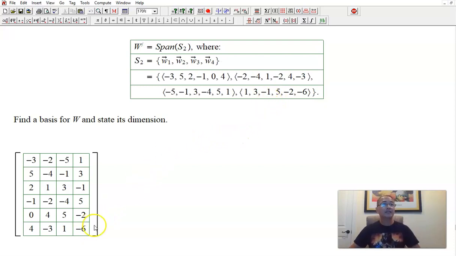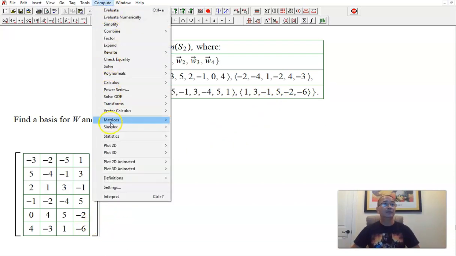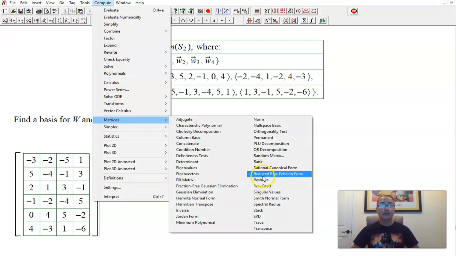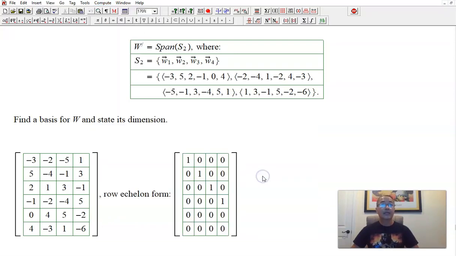So how is that going to change the REF? Compute matrices REF. And we get, so now this time we have 4 leading variables and no free variables.